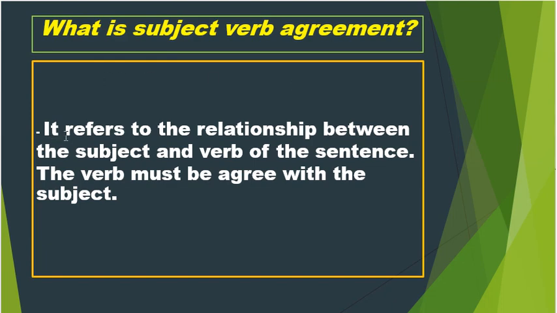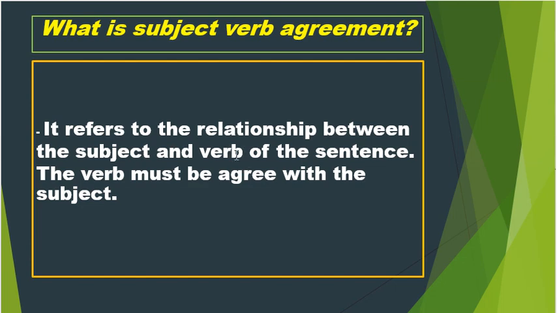Here it refers to the relationship between the subject and the verb of the sentence. From the first sentence, we have "it refers," which means it mentions the relationship. And when we say relationship, class, that is the connection between the subject, the one who makes the action, and the action.